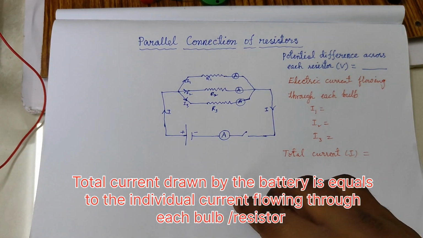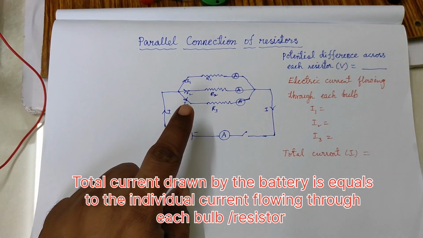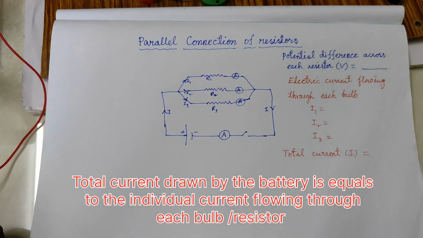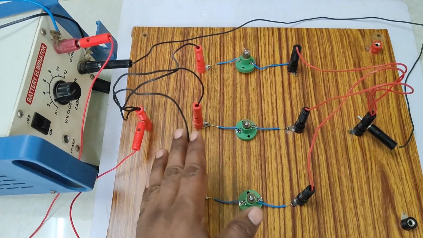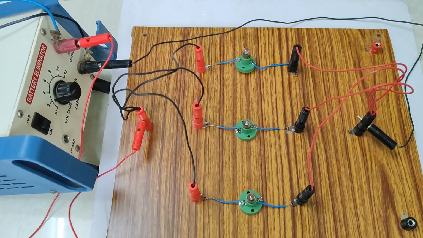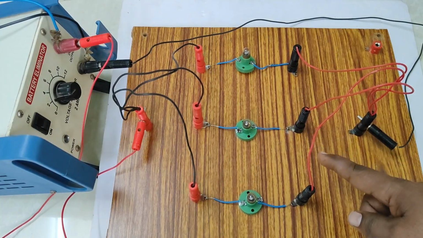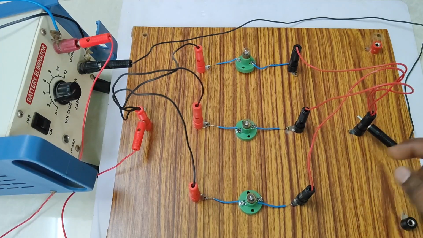Now let us find the current values I1, I2, I3 and the total current value I. This is a parallel connection. In this parallel connection, one end of all the bulbs is connected at this one common point and the second end of all the bulbs is connected at this common point.